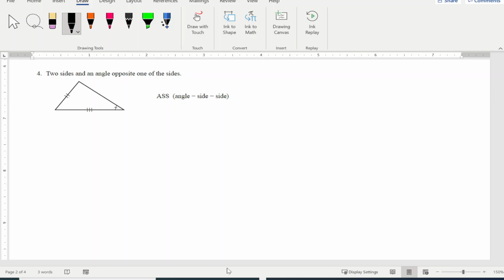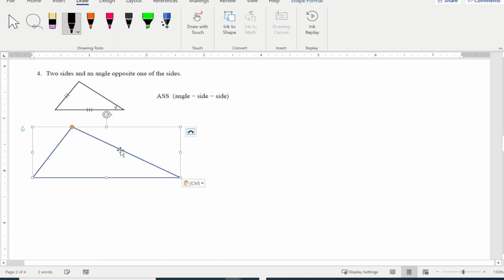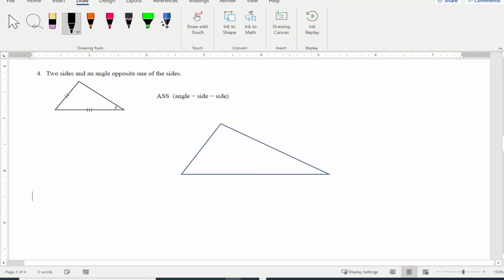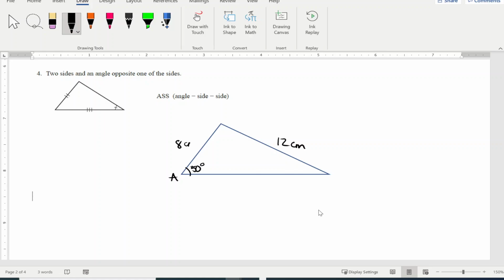Okay, let's go ahead and look at an example here. I have an oblique triangle, and we'll say that this side here is A, and angle A is 50 degrees. The side opposite is 12 centimeters, and the side adjacent is 8 centimeters. So we have one side, another side, and an angle.